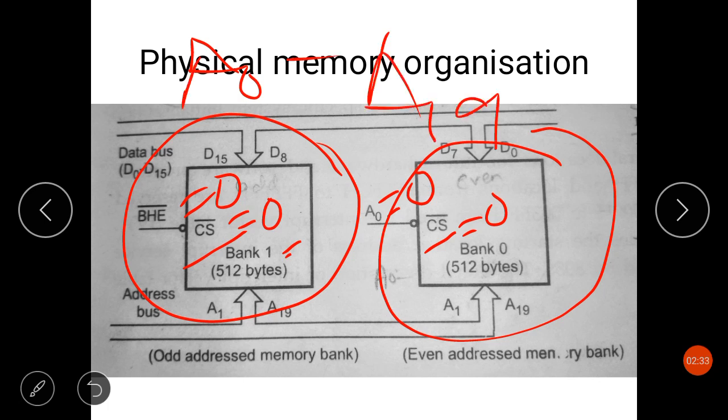The A0 that I am talking about is this A0, the lowest bit of the address carried by the 8086 microprocessor. A0 equal to 0 is for all even addresses.